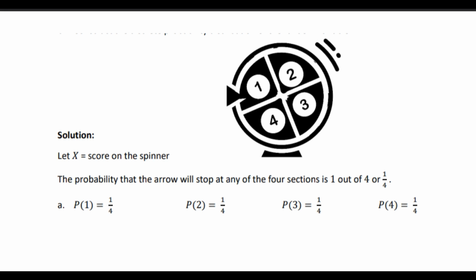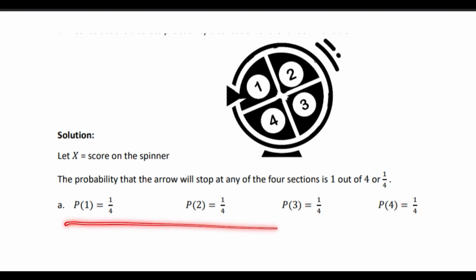So, the probability that the arrow will stop at any of the 4 sections is 1 out of 4, or 1/4. So, the probability that 1 will stop is 1/4, that 2 will stop is also 1/4, that 3 will stop is also 1/4, and that 4 will stop is also 1/4.